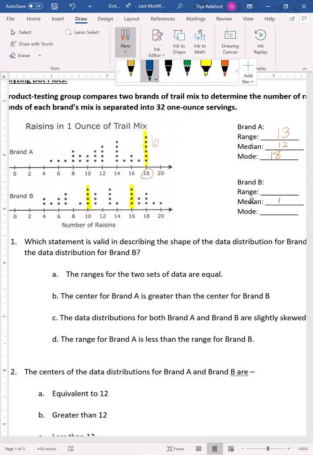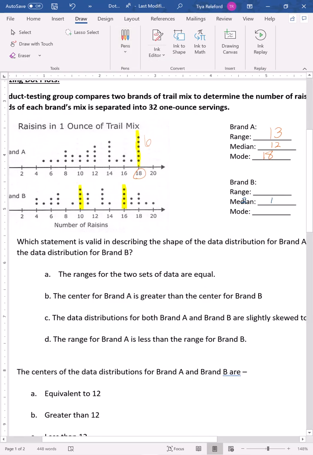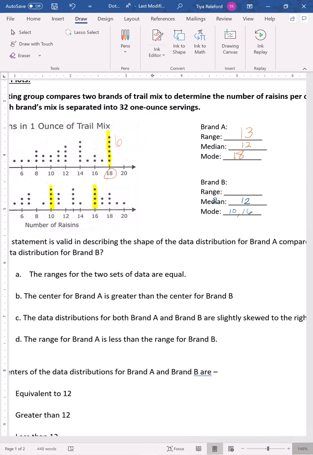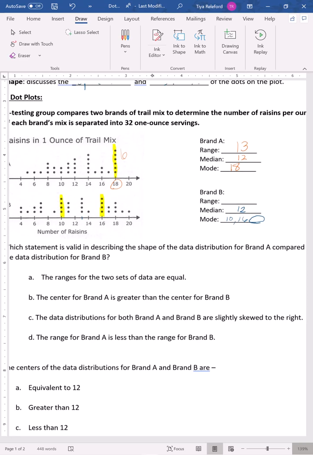So the modes for brand B are 10, 16, and there's one more. I will leave it up to you to find it and to decide what number it is. But if you don't have it labeled, you're missing that point. So you need to find one more mode for brand B.